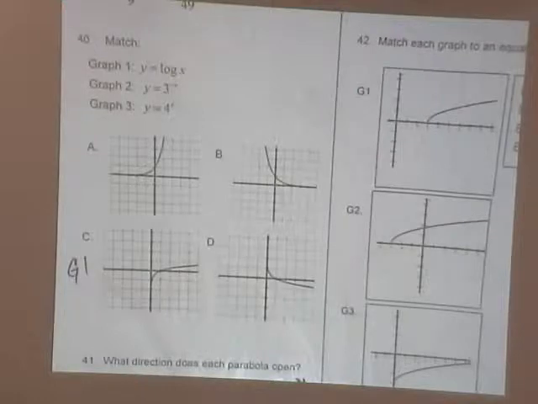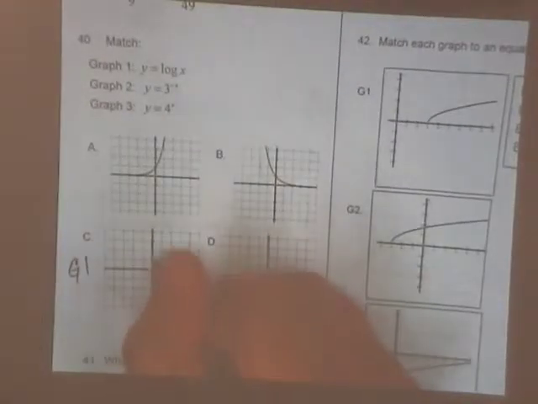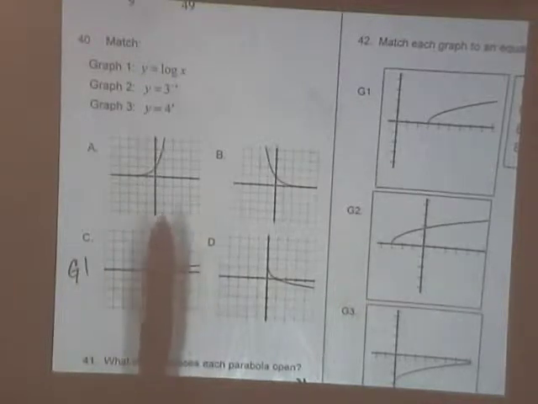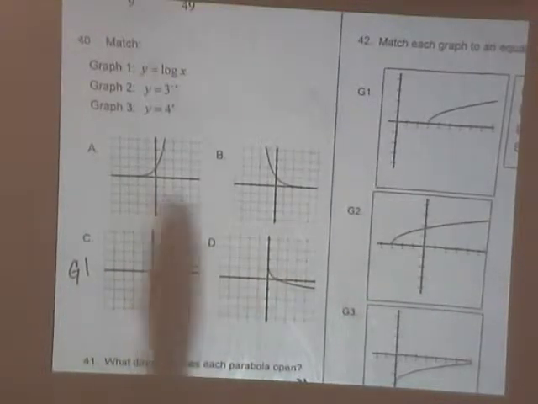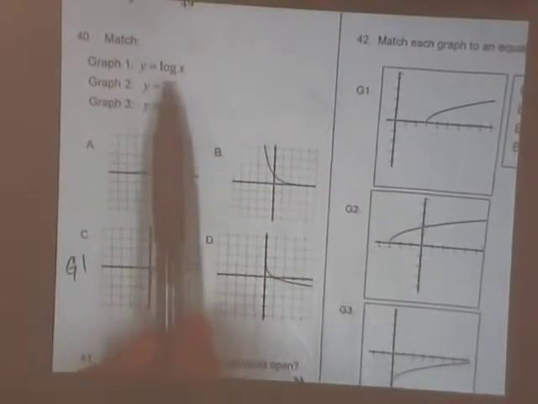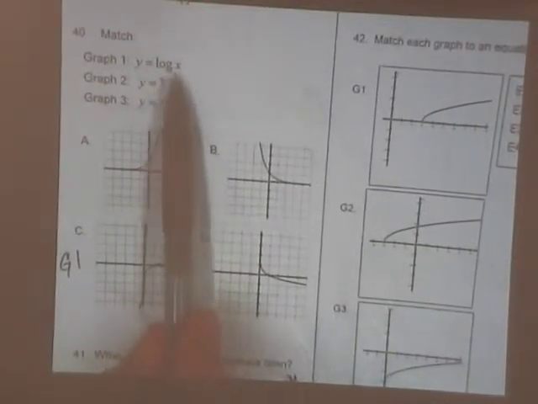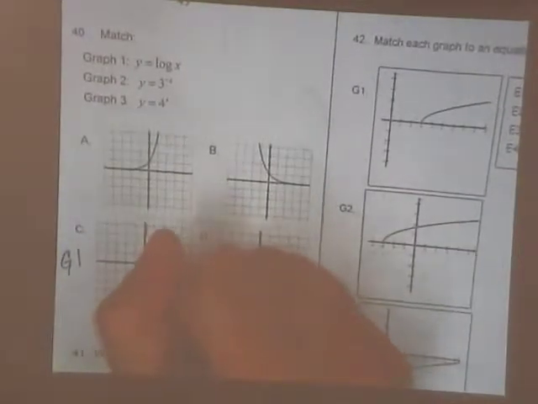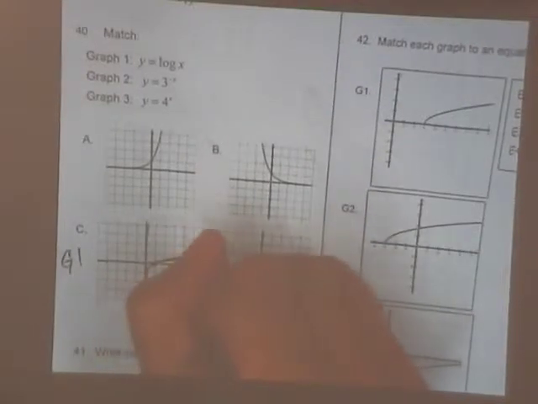Can you explain that? Kind of just need to commit these to memory. Seriously. It's got a vertical asymptote. The domain looks like it's from 0 to infinity, right? If you're looking at the x part, it goes from 0 to infinity. Well, if you think about log, you can't take the log of a negative number or 0. I mean, this is a parent function. You really just need to commit it to memory.